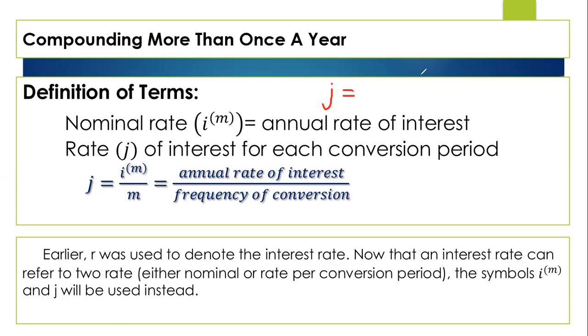So for example, we have 10% compounded semi-annually na. So 10% compounded semi-annually. J is equal to I raised to, since semi-annually, that means 2, I raised to 2 over the M, which is also 2.